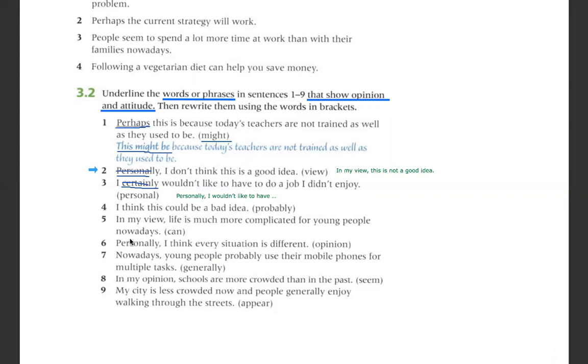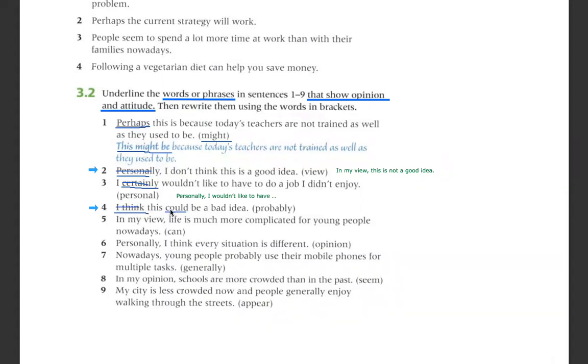Let's do one more, number 4. So first of all, what's the word that expresses opinion in number 4? Right, I think, and what else? And could. So I think and the modal.